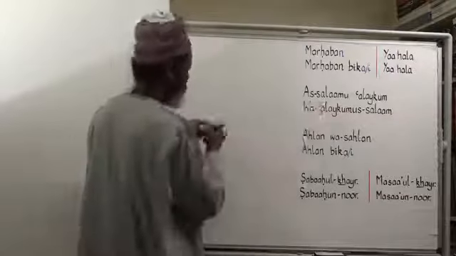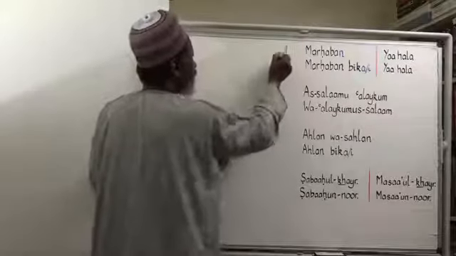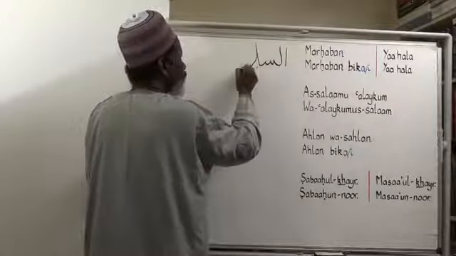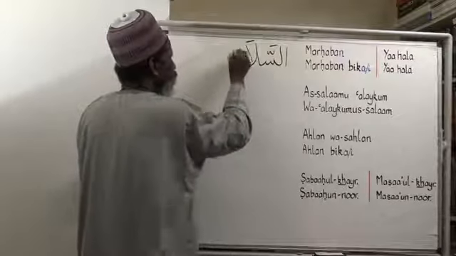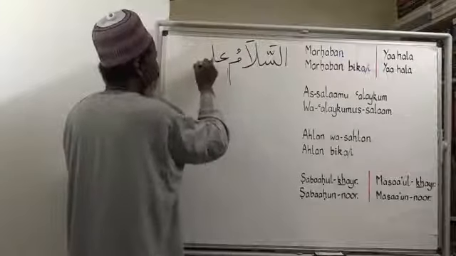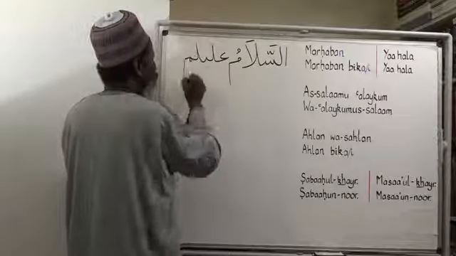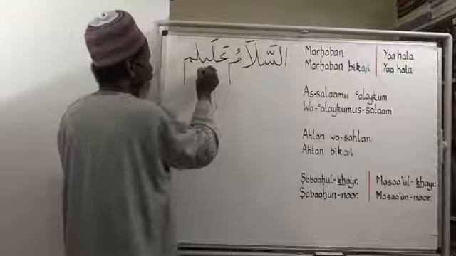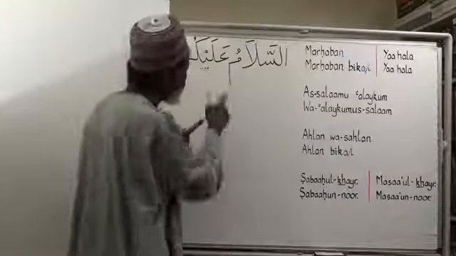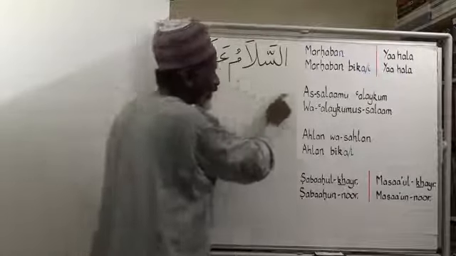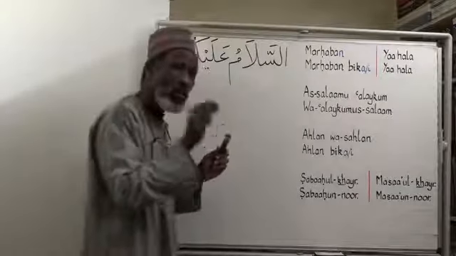So Assalamu alaikum. As we say, as-salam. So we say as-salamu alaikum. Assalamu alaikum. This is an ayn. You can see here it represents like a small c.